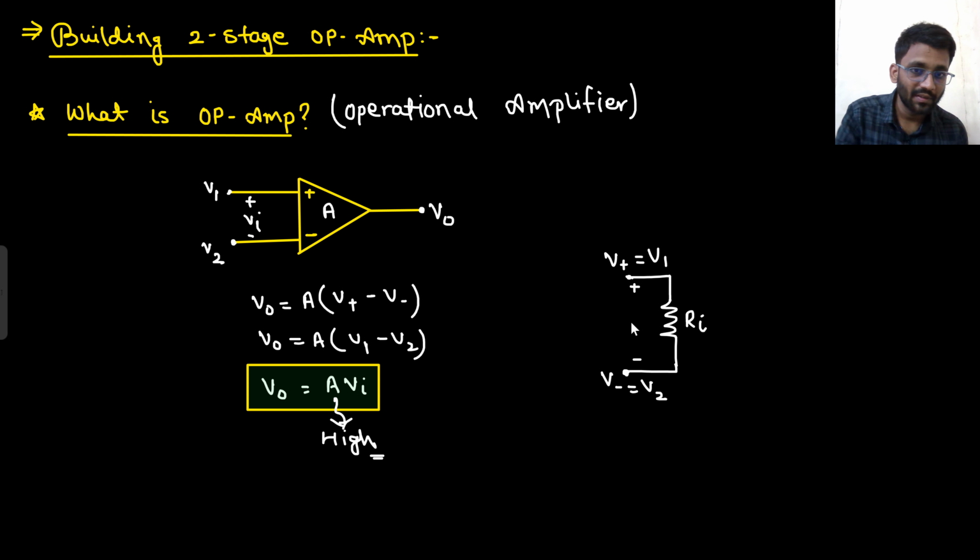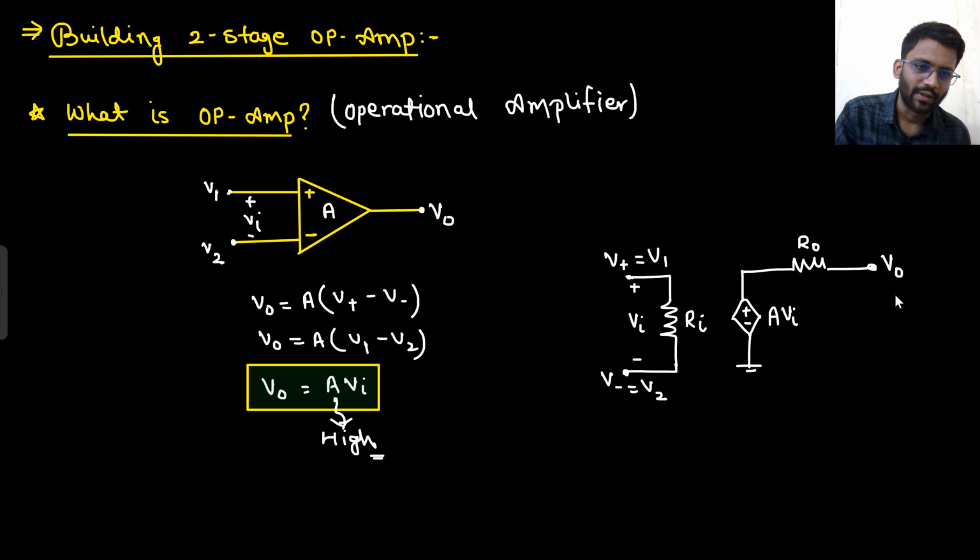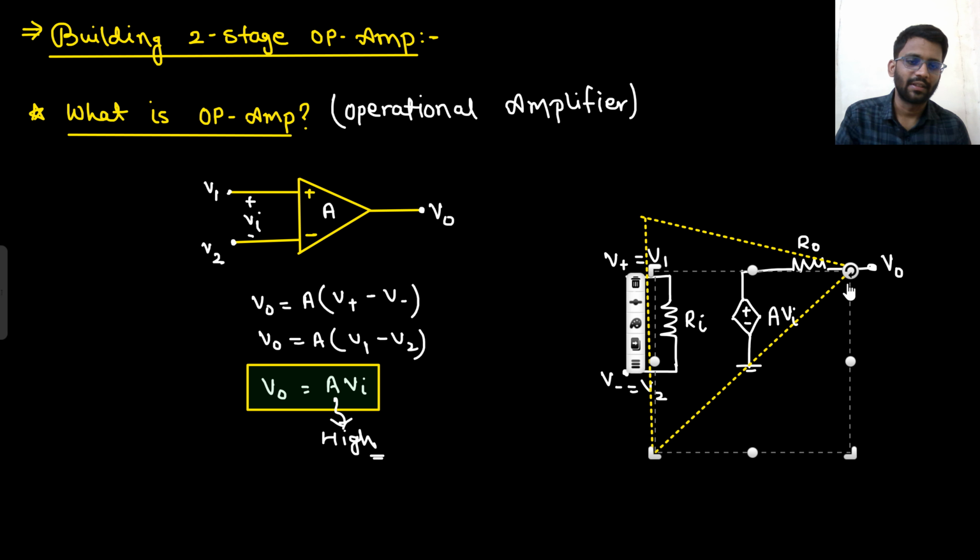Whatever V in you get will be amplified with the gain A. And then in the output you have an output resistance R0. This will be your final V0. So basically, internally, this is how the box I have made looks.